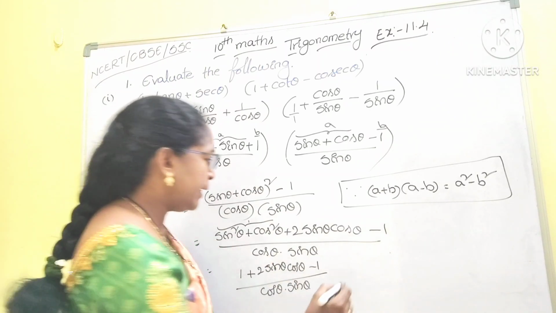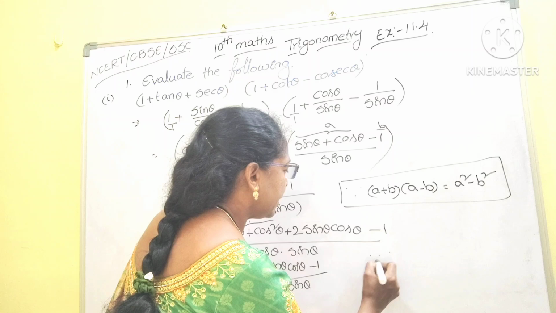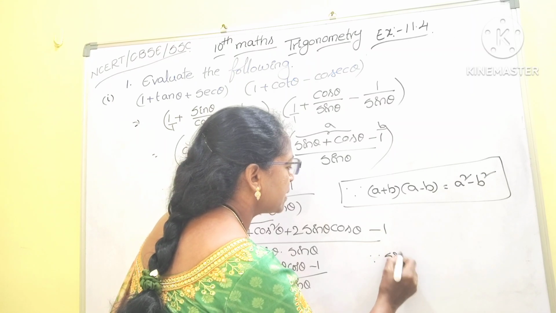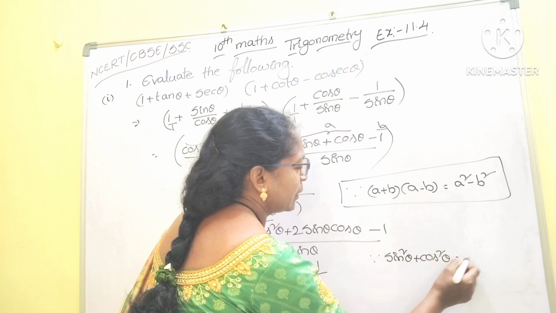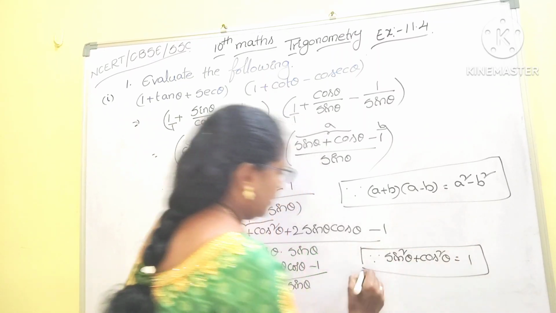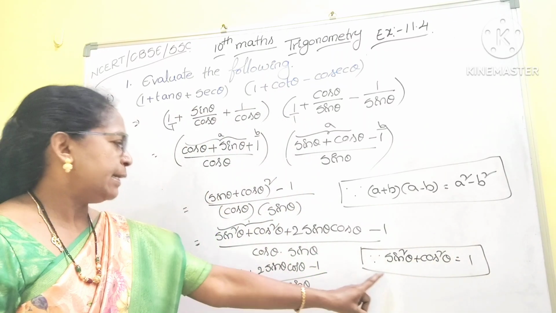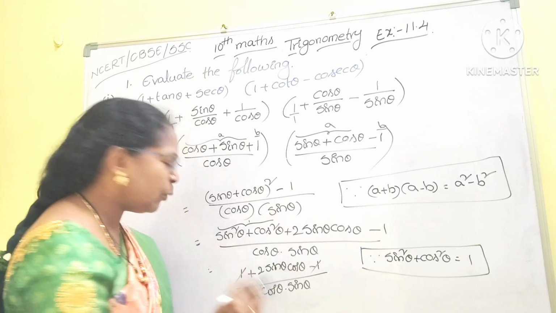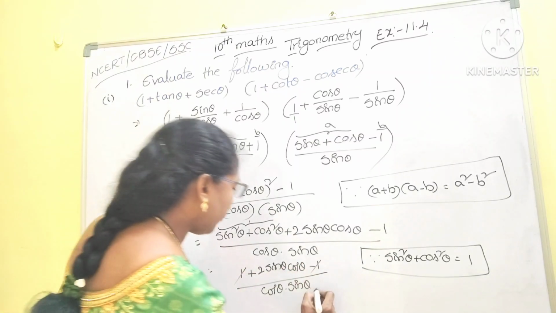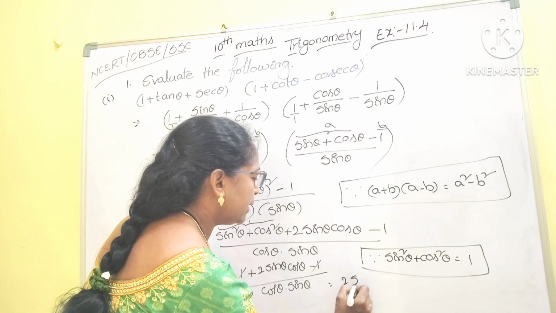Which identity did we apply? Since sin square theta plus cos square theta equals 1, according to this identity, we substituted the value 1. Now plus 1 and minus 1 both cancel. That value equals 2 sin theta cos theta.